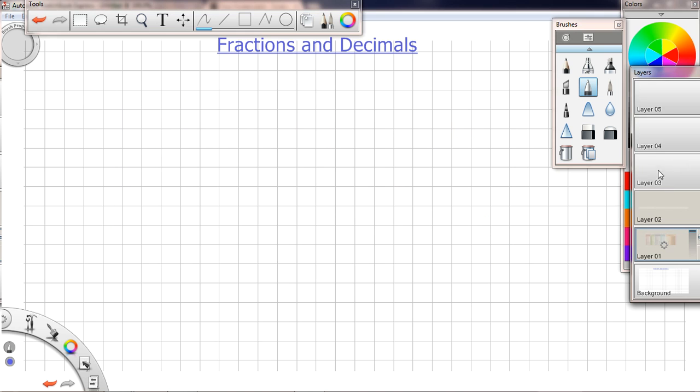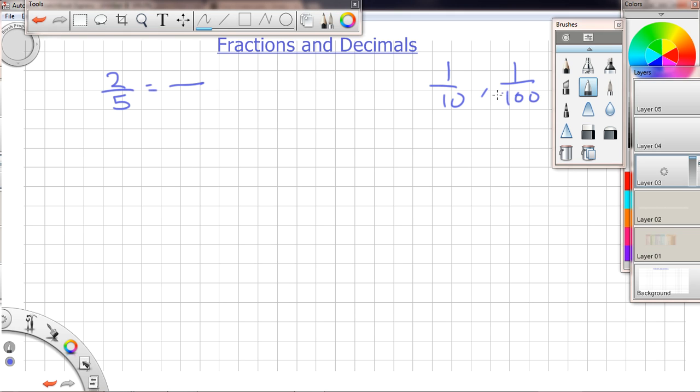But what that also means is we can take fractions like 2/5. And what I'm thinking in my head is, what's an equivalent fraction to 2/5 that has a 10 in the denominator, or a 100, or maybe even 1,000? Well, I can definitely multiply this times 2.